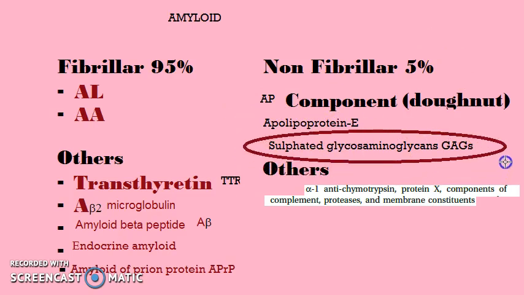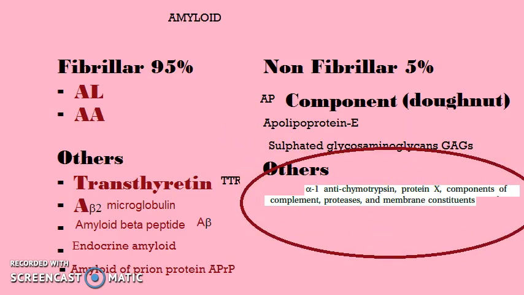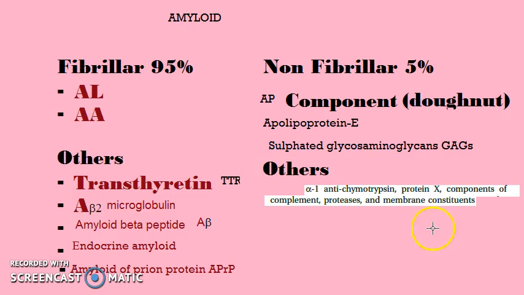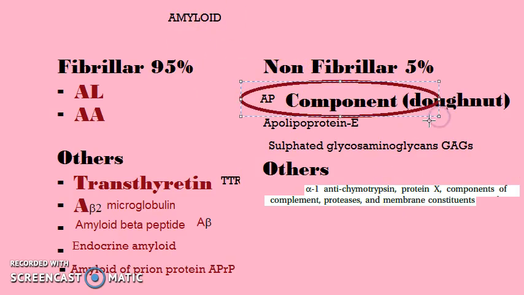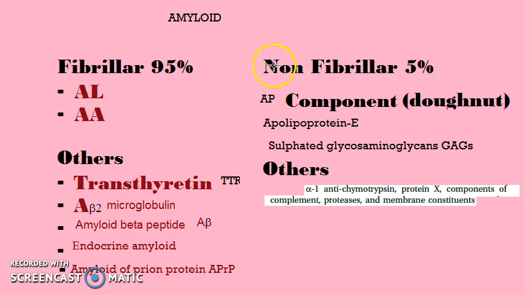Sulfated glycosaminoglycans, GAGs. Similarly, you also have an others group, under which you have alpha-1 anti-chymotrypsin, protein X, components of complement, proteases, membrane constituents. So much to remember, right? So let me tell you what is important here. AP component is important because it is the one that's going to help in staining. So non-fibrillar mainly composes of the P component or the AP component.